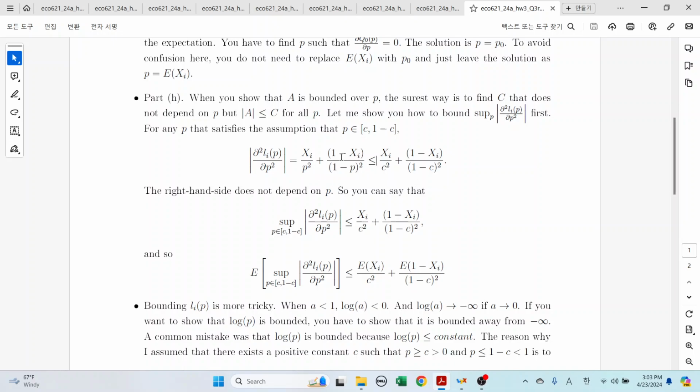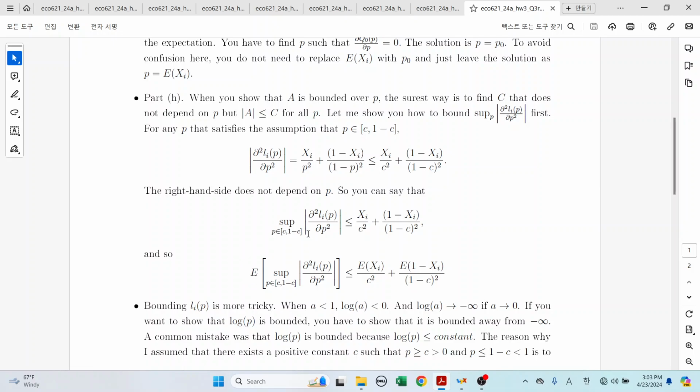So from here, because it does not depend on P, this is more correct notation. You can bound this guy, the second derivative, like this, exactly as I said. So the supremum is bounded by this. And now, as I said, it is still random.